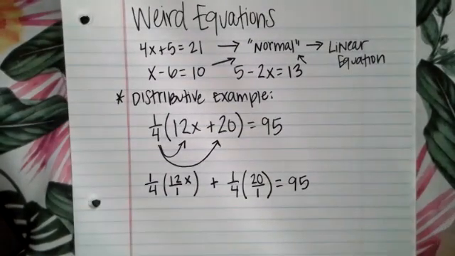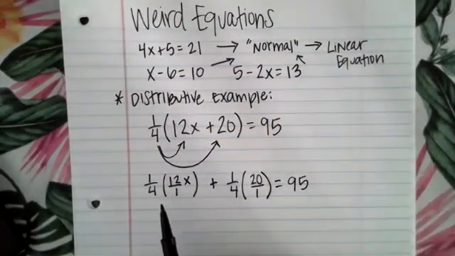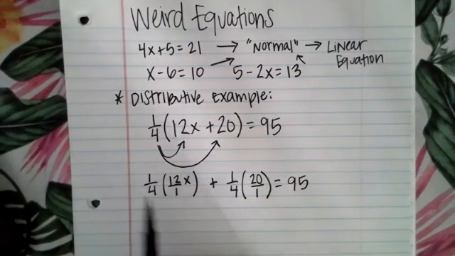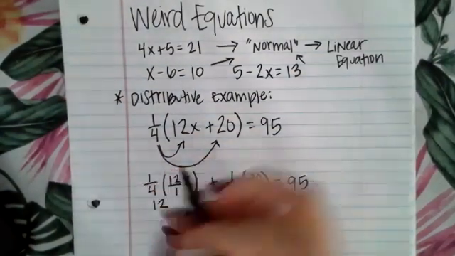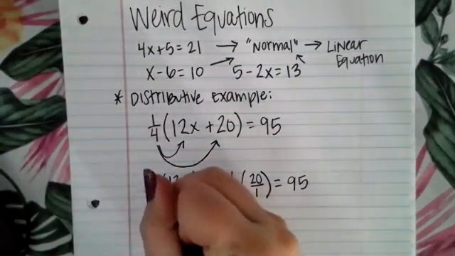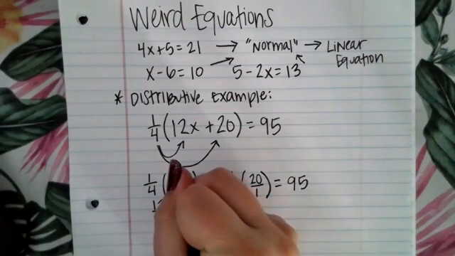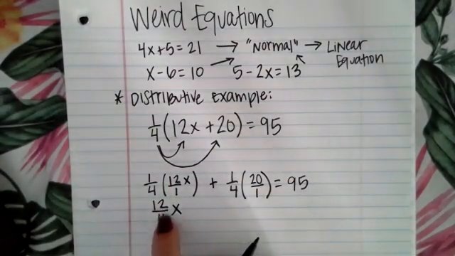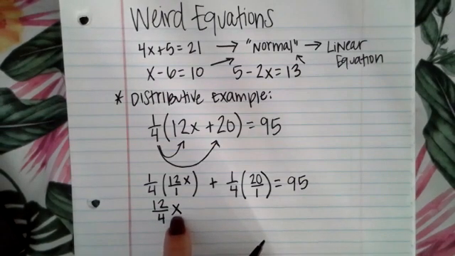So if we go about doing our distributing, let's look at this first term. We're going to multiply 1 times 12, which is 12, 4 times 1, which is 4, and we're going to keep the x attached to it. So we have 12 over 4 x.